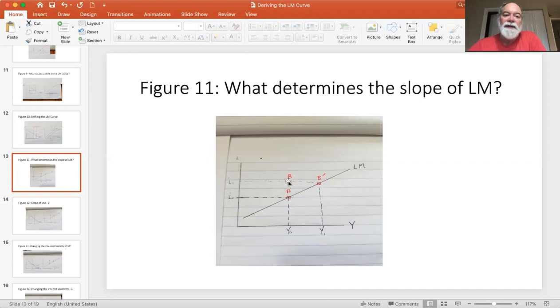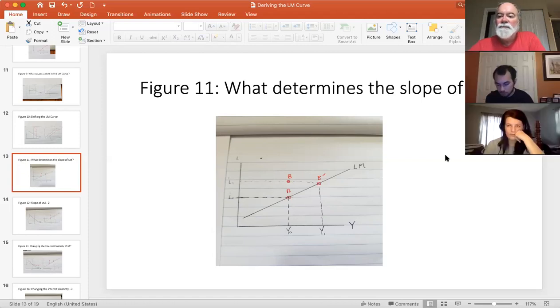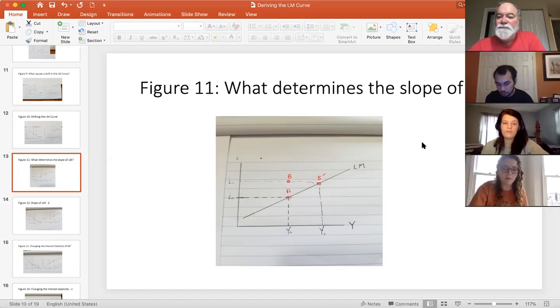At a higher interest rate, what happens to money demand? It drops. It goes down, correct. So at B, since at A money demand equaled money supply, and at B money demand is less, it must be true that money demand is now less than money supply.